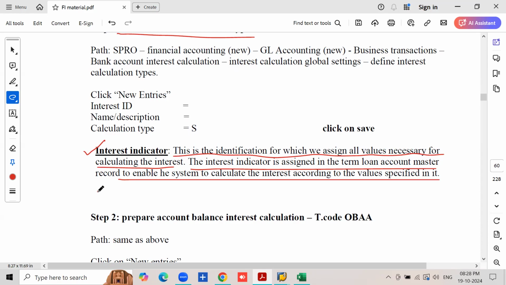One interest indicator can be assigned in multiple GL accounts, in multiple term loan accounts, where the rate of interest is the same.